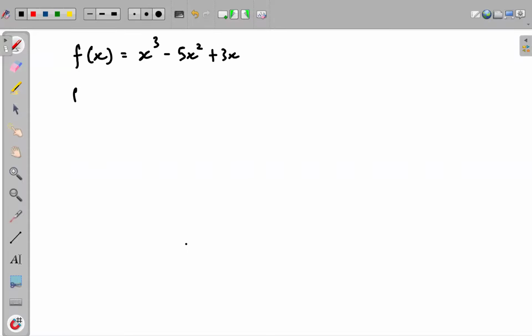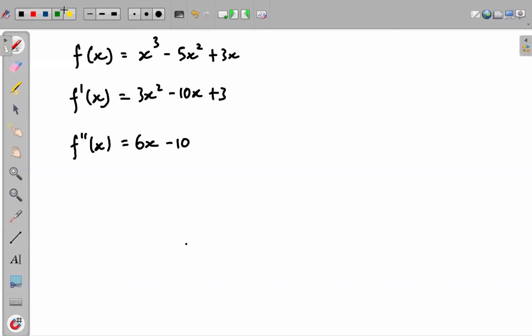Then obviously the first derivative will be 3x squared minus 10x plus 3. Now, the second derivative basically means you take the first derivative and derive it. So that's 6x minus 10.